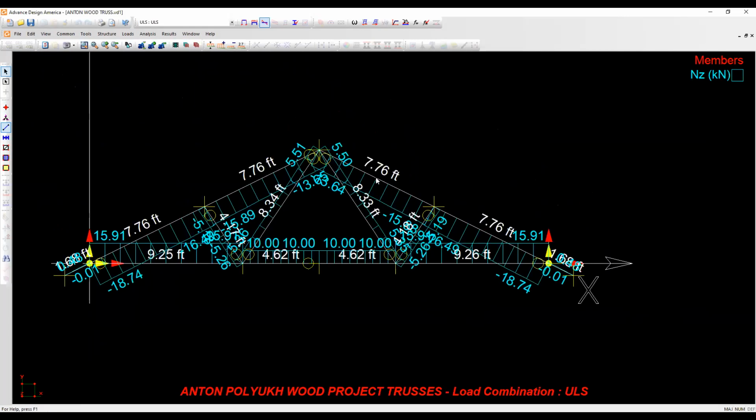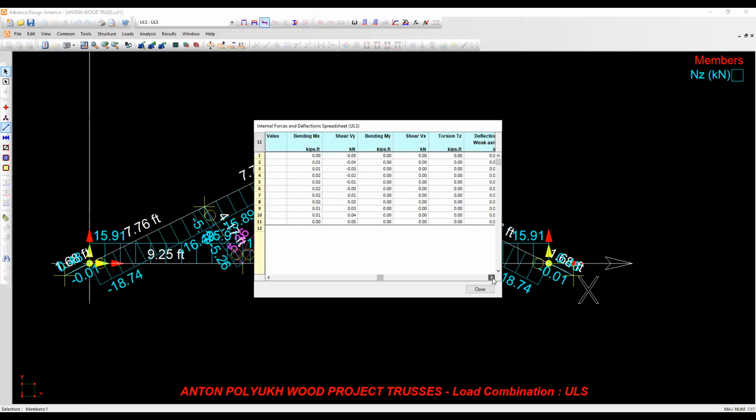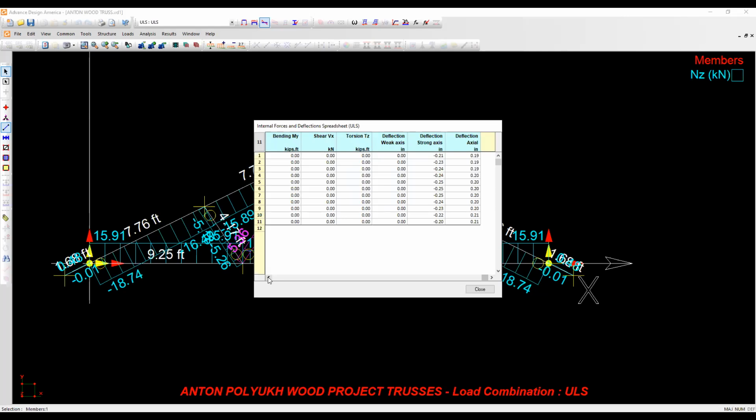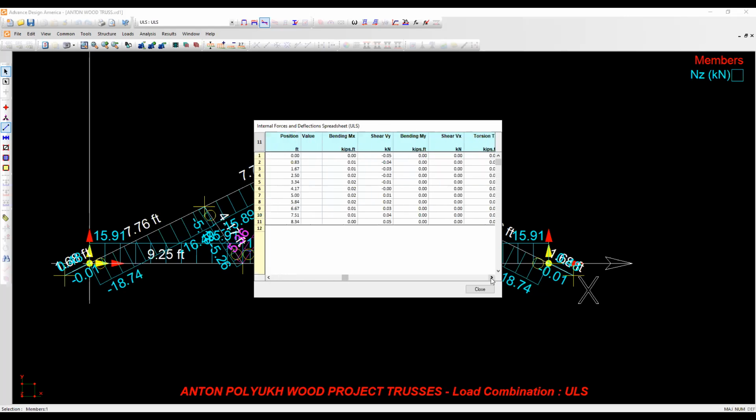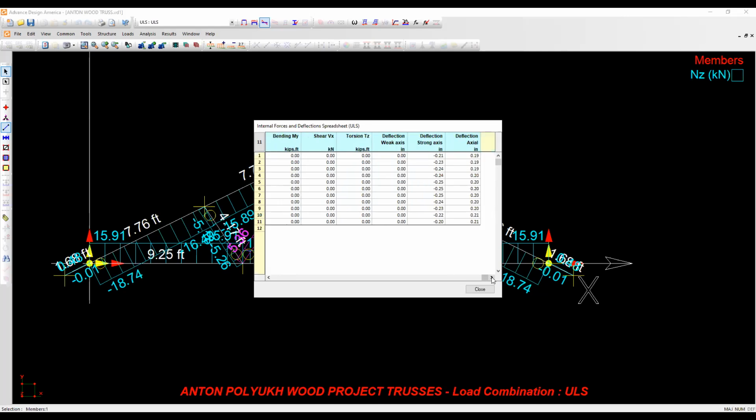Wow, Anton, that's really strange. So you're talking about the axial force in the web member, right? Yeah, exactly. If I click on this, NZ, or that. Where is it? You've got to go over. You're almost there. Sorry, wait, 1 second.